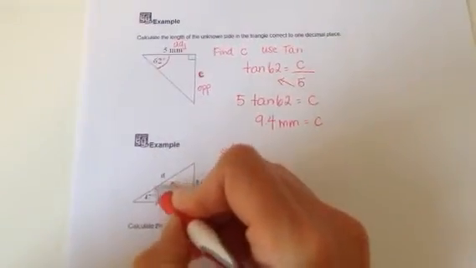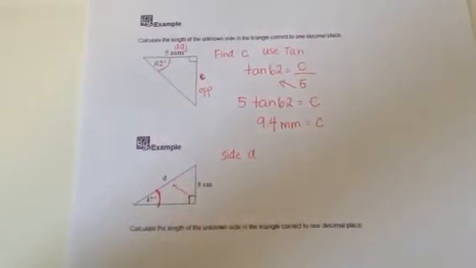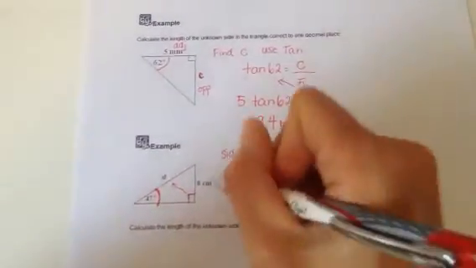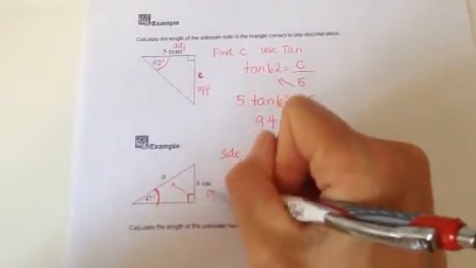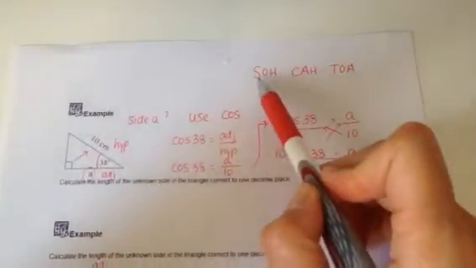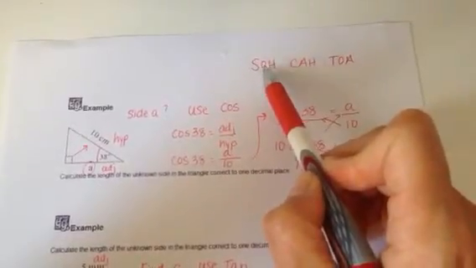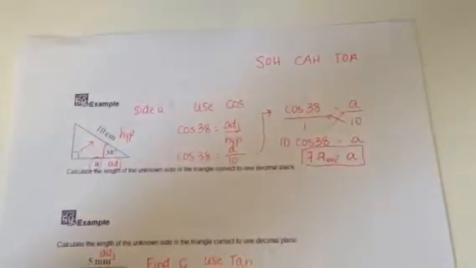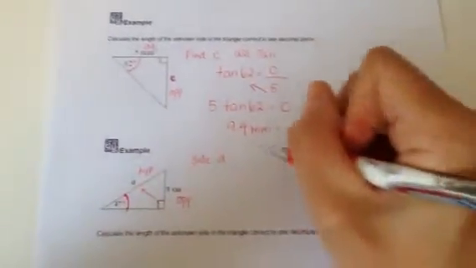From the angle that we're given here at 47 degrees, we have the opposite. So we have the opposite side and we have the hypotenuse. If you look at our SOHCAHTOA, sine is the one that has the opposite and the hypotenuse, so that is the one we're going to use.